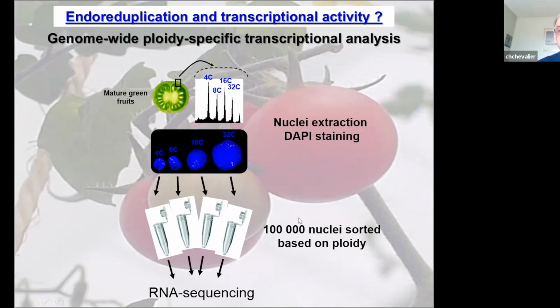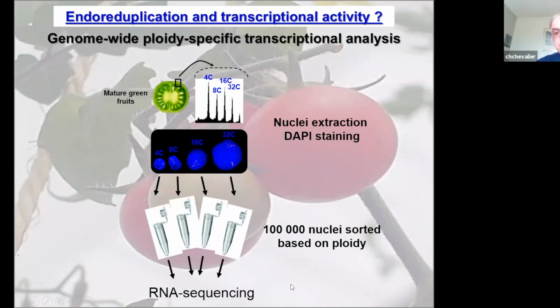We had a fixed amount of nuclei sorted by flow cytometer, 100,000 nuclei for each of these ploidy levels. And we did an RNA sequencing experiment starting from this amount of nuclei. We are not basing our RNA sequencing analysis on a fixed amount of RNA, but we are basing our analysis on a fixed amount of nuclei.